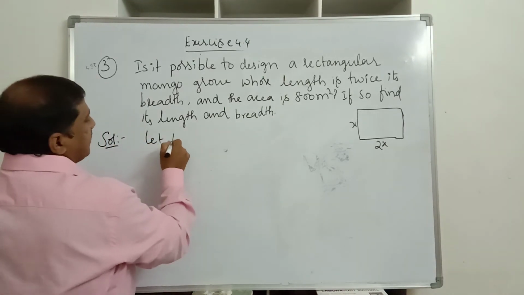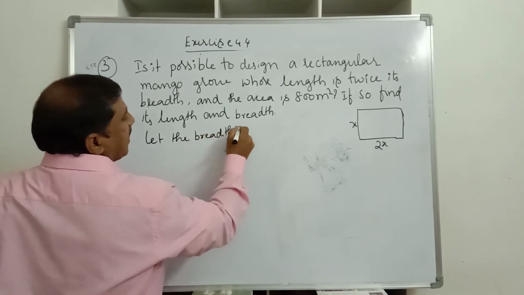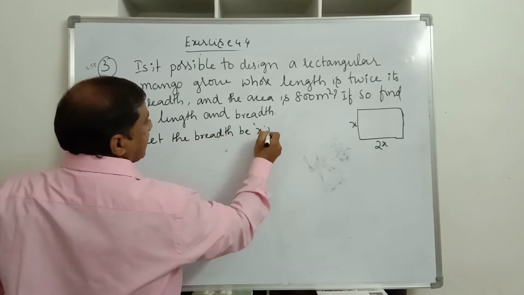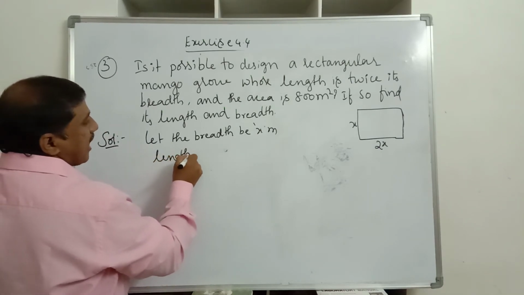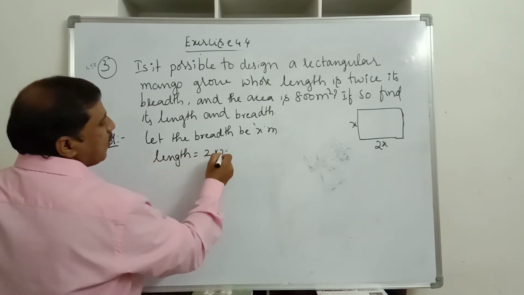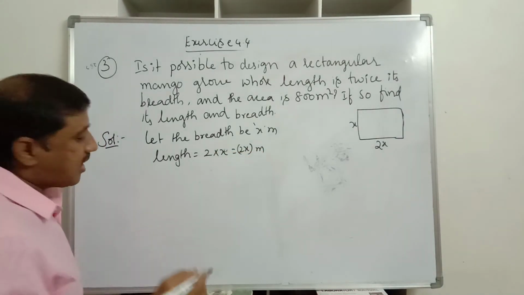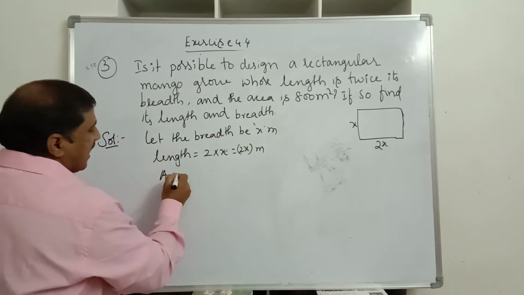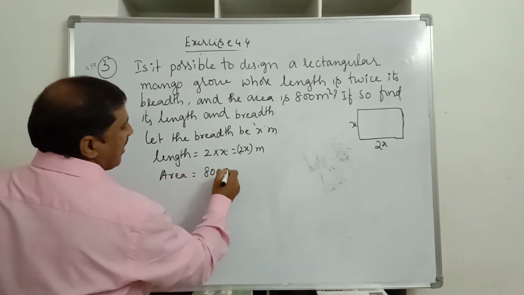Let the breadth be x meters. Length is 2 times its breadth, that is 2 into x, 2x meters. And the area is given, the area of the rectangular grove is 800 meters square.